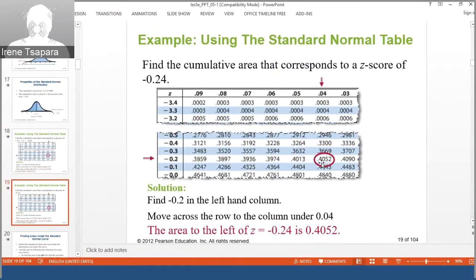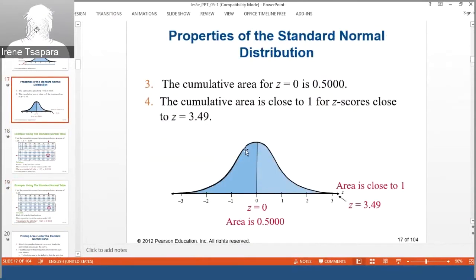So the probability is less than 50%. My number is negative 0.24. Let's go here. Negative 0.24, it's somewhere here, right? From 0 to the left, I have 50% of my area, 0.5. Since my number is to the left, the number that I expect for the probability or the cumulative area is going to be a number less than 0.5, of course.